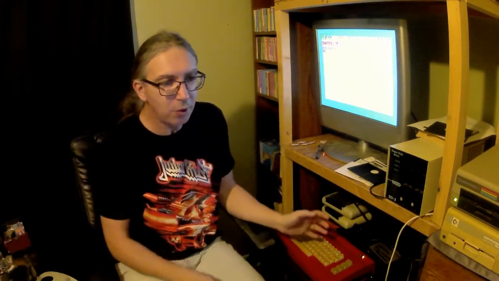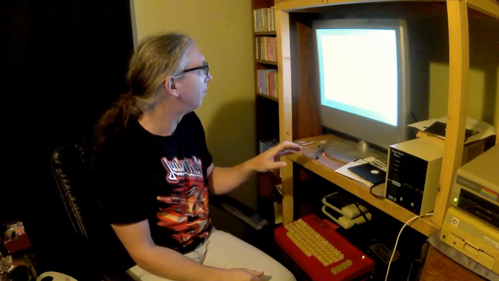So the first thing you notice is that it has 3K available. Of course, this is minus screen memory. Or sorry, 6K available. So now the memory from 1024 all the way up to 8192 is populated.